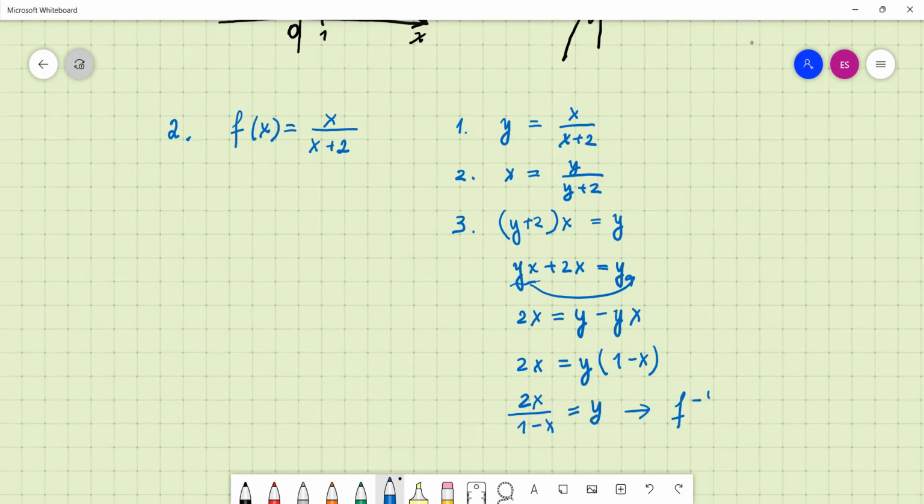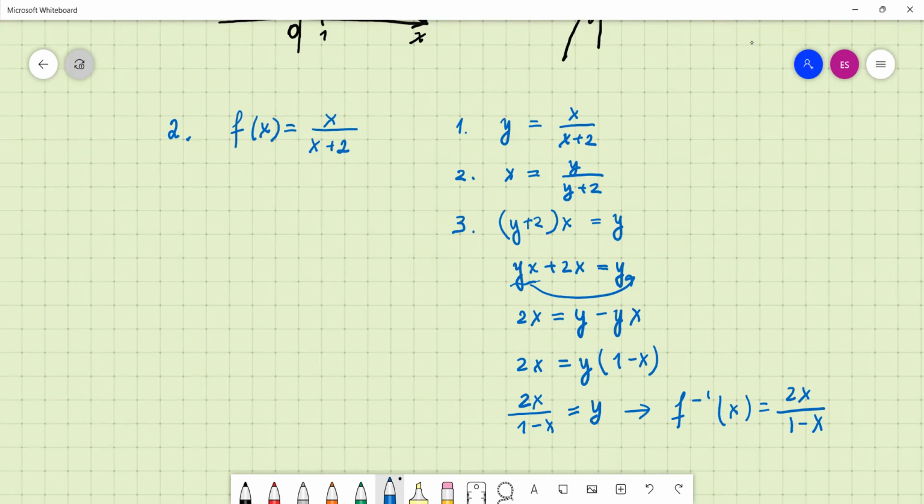And that's going to be my inverse. Sometimes, guys, inverses are going to have restrictions on domains, but they usually are the same as restrictions on the range of the direct function, right? Because we remember that domain becomes range and range becomes domain.